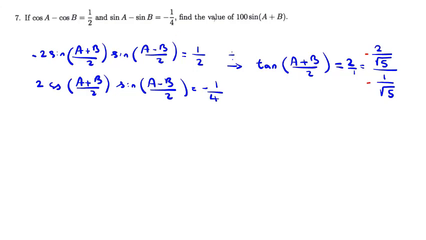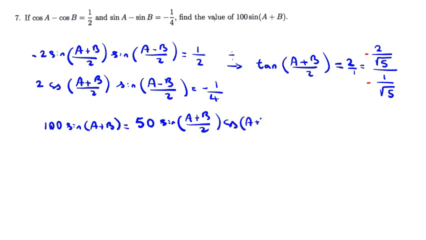So it is sine (A plus B)/2, and the denominator is cos (A plus B)/2. But we want 100 sine (A plus B), so you can say it is equal to 50 sine (A plus B)/2 times cos (A plus B)/2. And the product of them will be positive, either each of them is positive, or each is negative. The product will be positive.